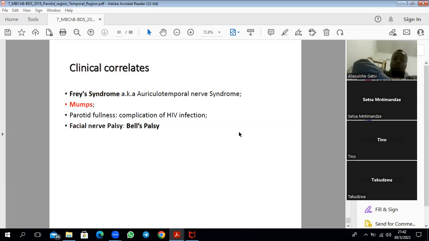That's a sign that tells you where the lesion is, if you look at lacrimation, tear production, because the facial nerve is also involved in tear production. That's the parotid gland. Parotid region, I mean.